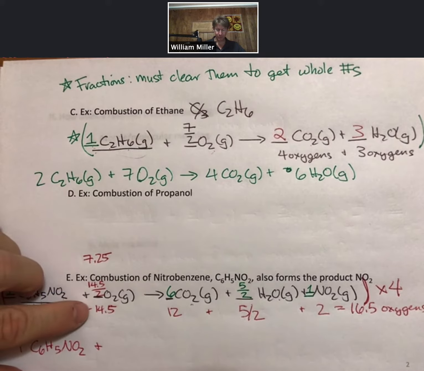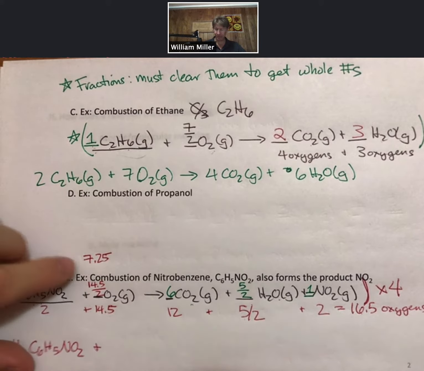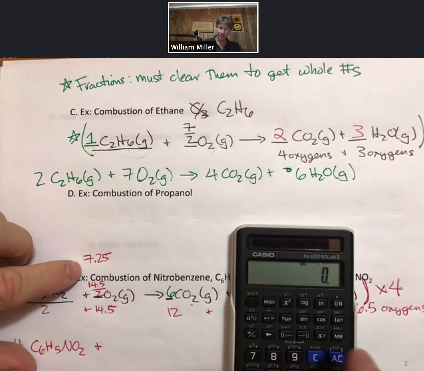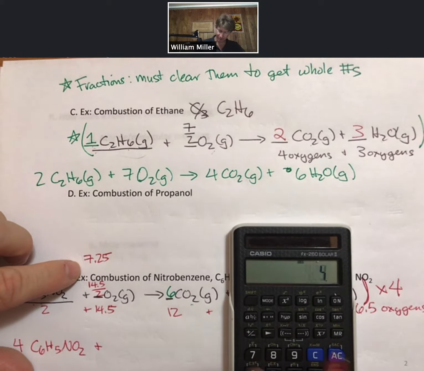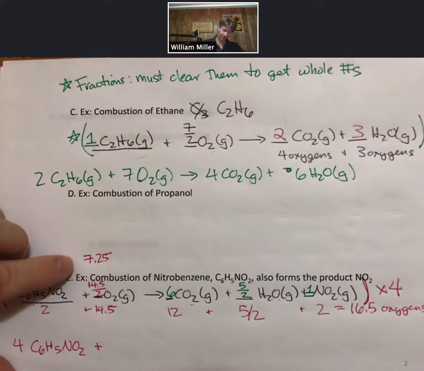Plus, well, 4 times 7.25. I know, right? Get out the calculator for this. 7.25 times 4 is 29.